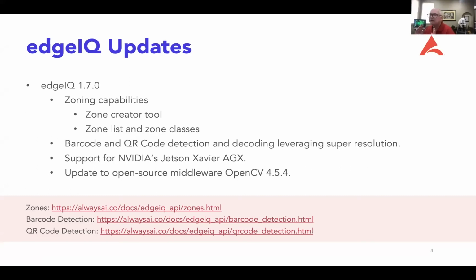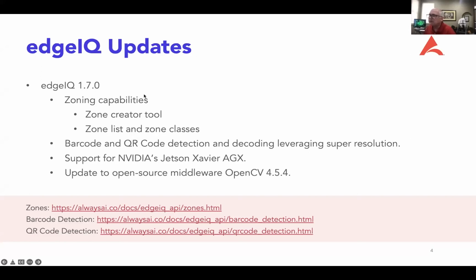What is my camera seeing in this zone, another camera in another zone, and so forth, and you need to keep all that together. So we've created some zoning capabilities in the product: a tool to create those zones, and a list of zones and zone classes that allow you to generate the analytics and see what's going on in each of those individual zones. Very, very important, and a lot of our customers are using it.